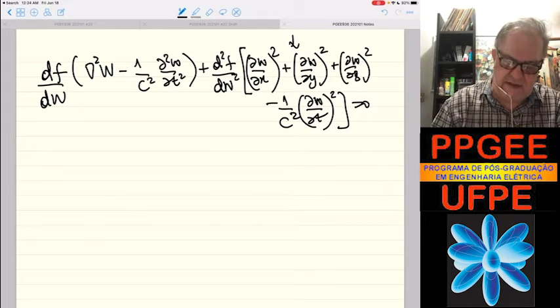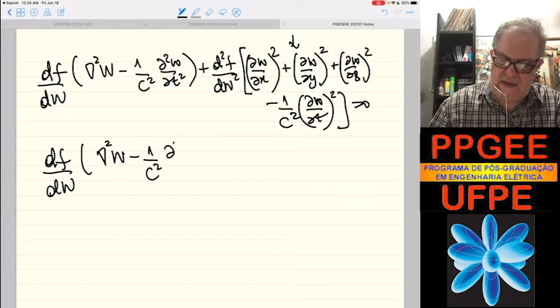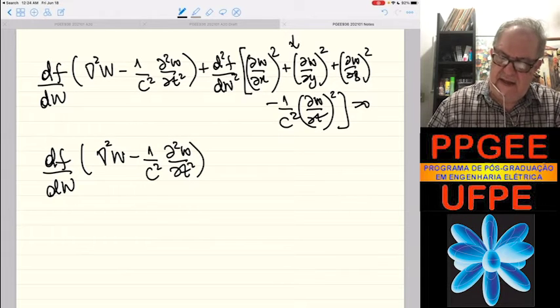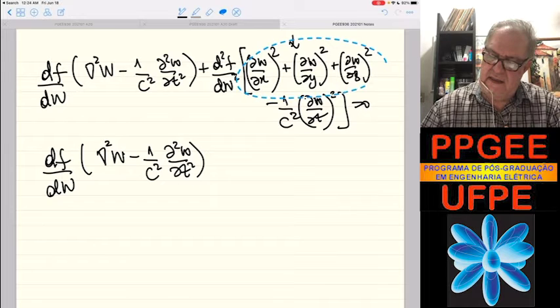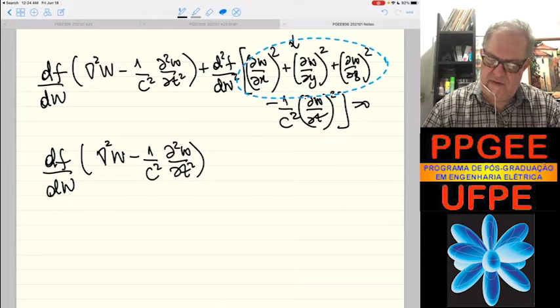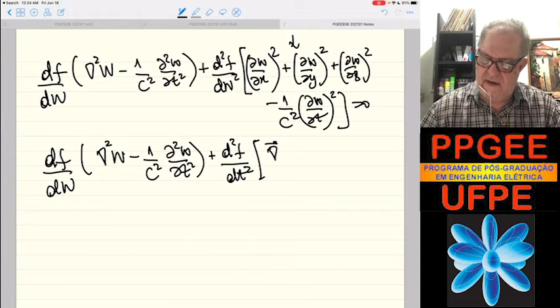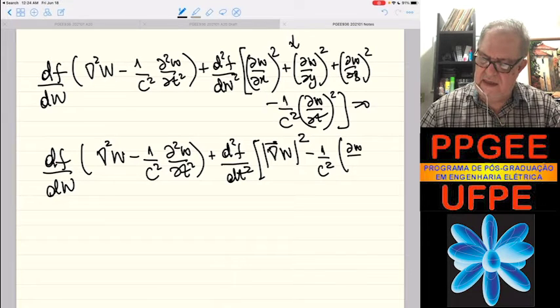So we make a compact notation here. The df/dw, Laplacian of w minus 1 over c squared d2w/dt squared. So this factor here is the magnitude of the gradient of w, magnitude square. So it's going to be plus the gradient of w magnitude square minus 1 over c squared dw/dt squared.